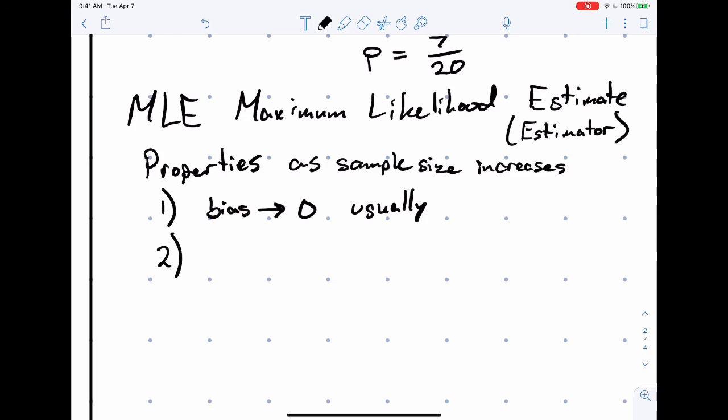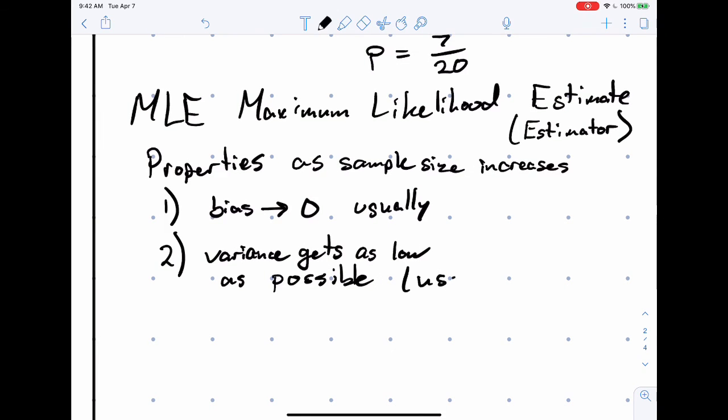The other property is that the variance gets as low as it can be. So we want our estimators to have low bias and low variance. That means it's a good estimator. It will have low mean squared error. Again, usually this happens.